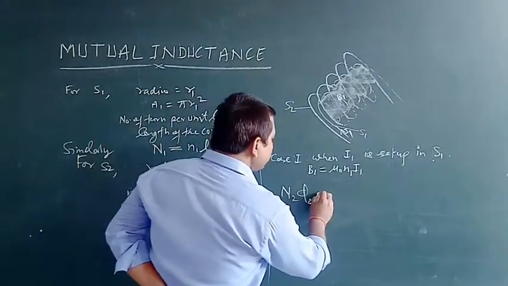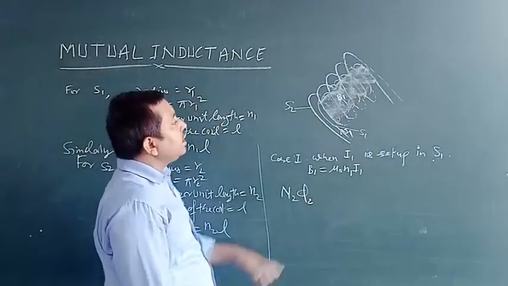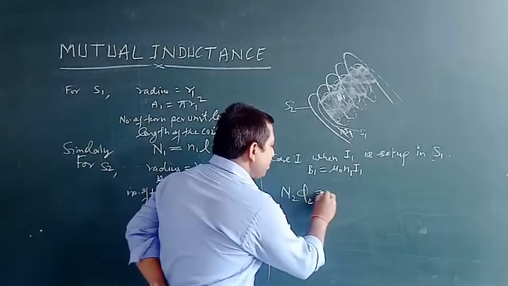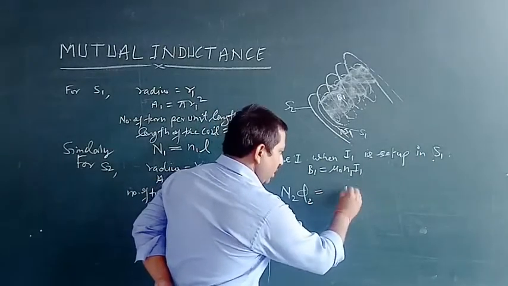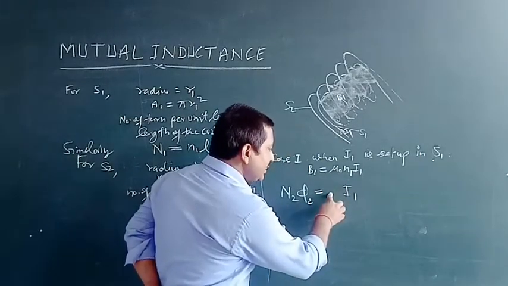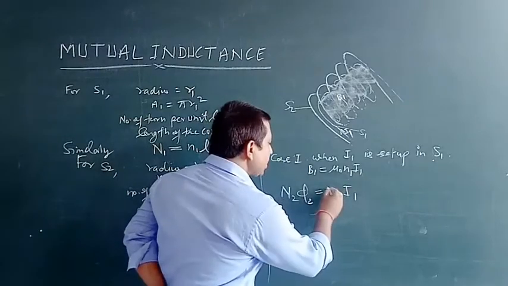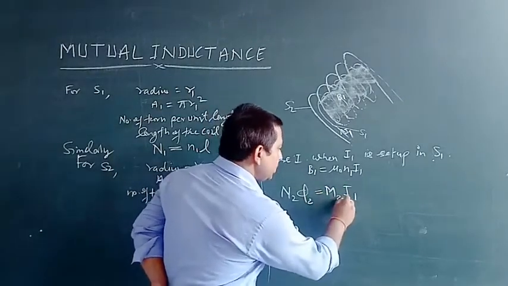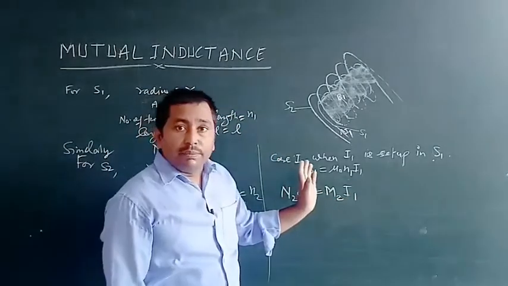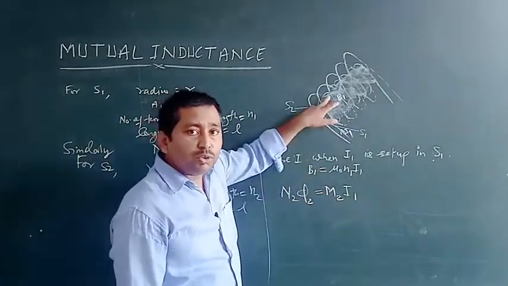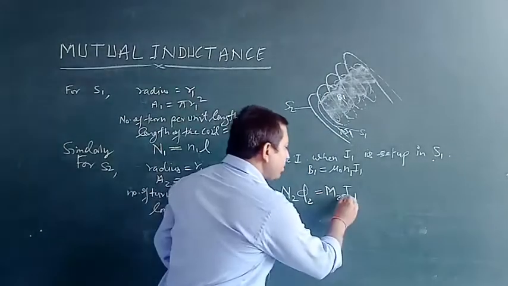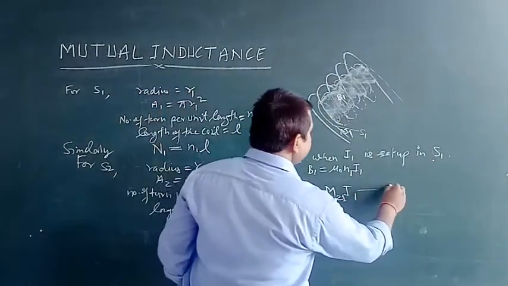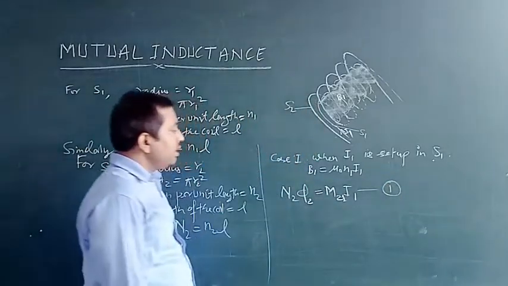This N2 phi 2 is directly proportional to the current flowing through the first coil. It means this can be written as M21 I1, and here M21 is a constant known as the mutual inductance of the second coil with respect to the current flowing in the first coil. So this is equation number 1.